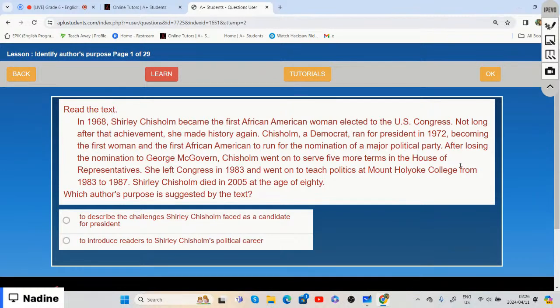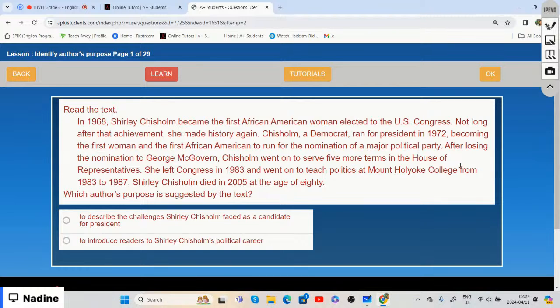We need to say what is the purpose of this text. All right, so if we look at the correct word that describes the purpose, is it to describe the challenge Shirley Chisholm faced as a presidential candidate, or to introduce the reader to Shirley Chisholm's political career?